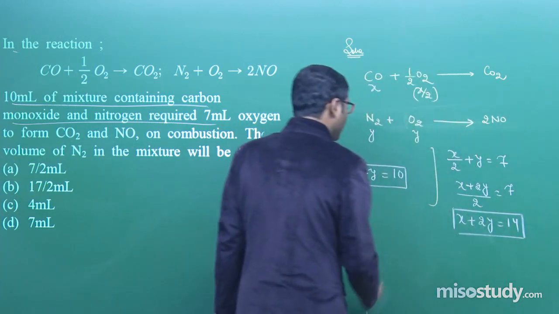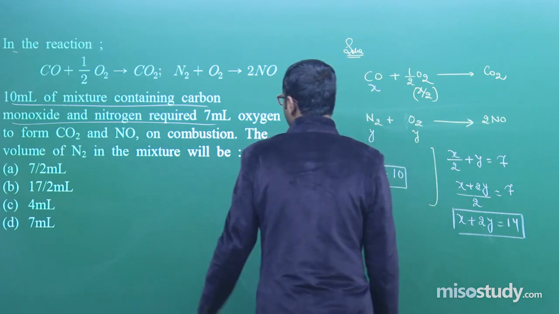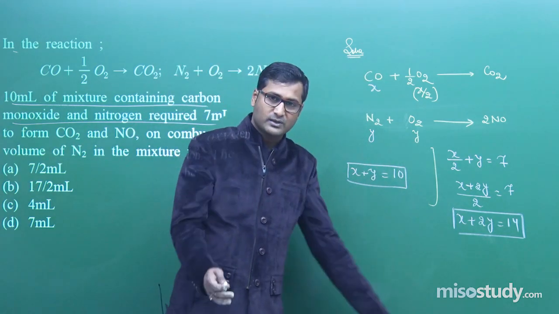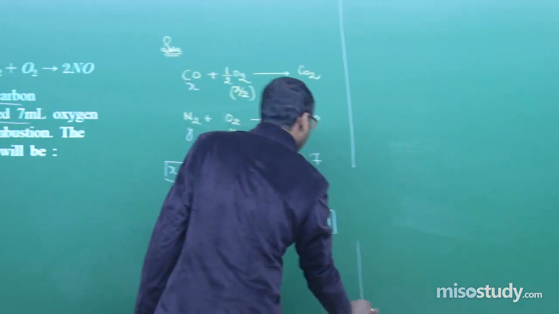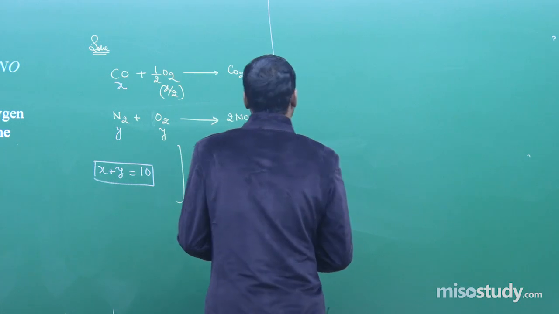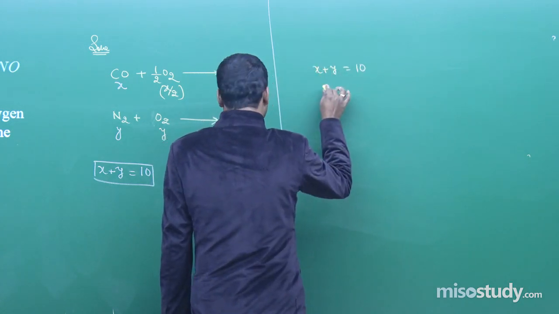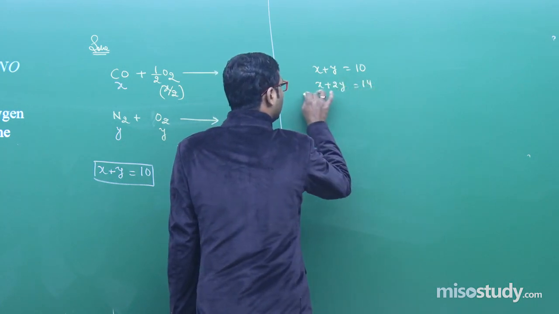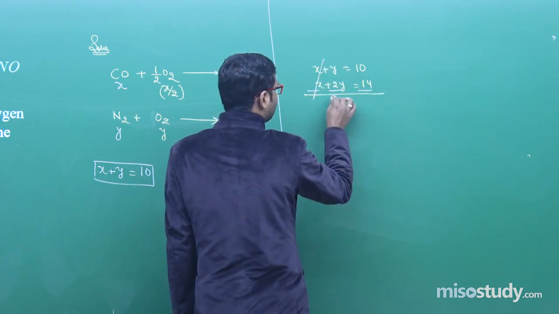Now we have two equations, and the question asks the volume of N2 in the mixture. You can easily solve these two expressions. Check it out. We write X plus Y is equal to 10 and X plus 2Y is equal to 14. Now subtract them. The X terms cancel each other.